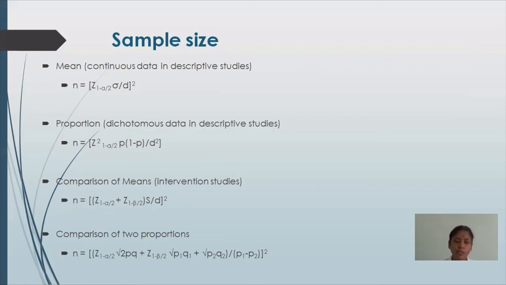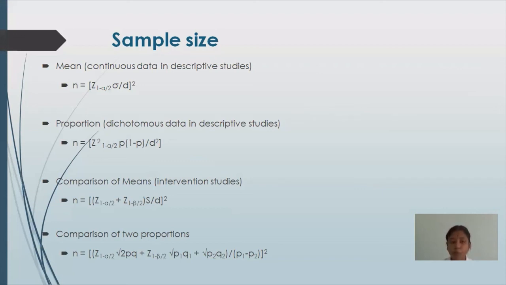So before going to the next subject, I just want to tell you that here the Z is constant, that is 1.96, which is approximately 2. And then we should select the sample without any error. That means the sample we select should not cause any error to the study results.